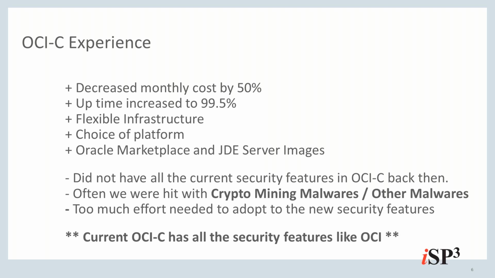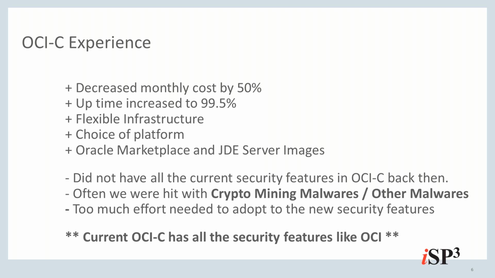In an on-prem situation, if you need another server, you have to call the hosting company and ask for one, and they will provision it for us. In this case, if you are using OCIC or OCI, you have the flexibility to create your own servers and adjust your JD Edwards infrastructure based on your need.